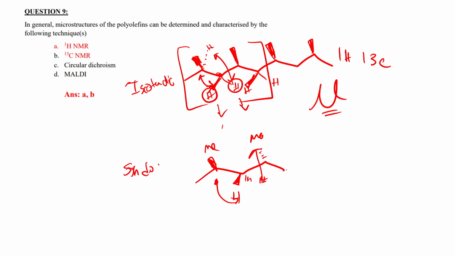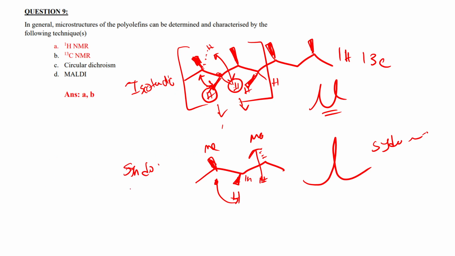So they are chemically now equivalent. For this case, we would just observe one singlet only. Then we can call it syndiotactic. With proton NMR, in this easy fashion, we can discriminate between these two particular structures.